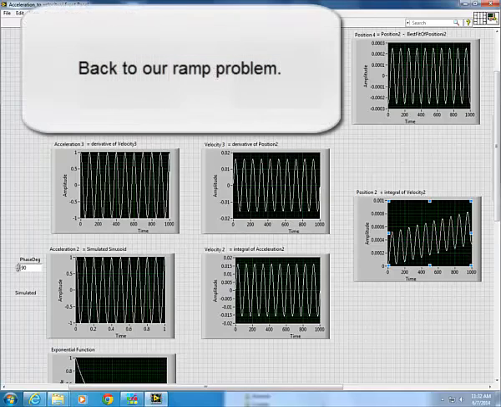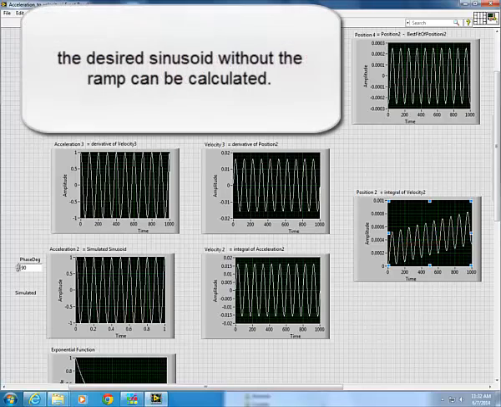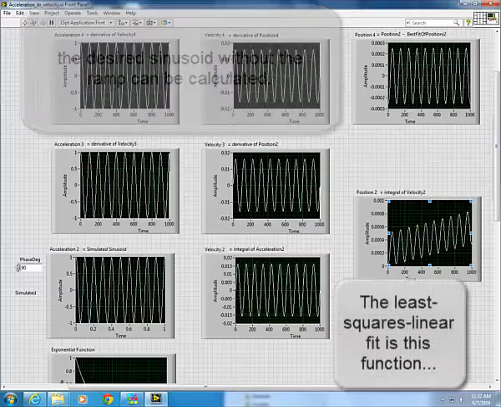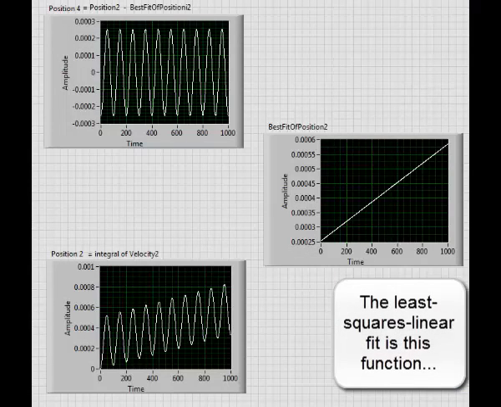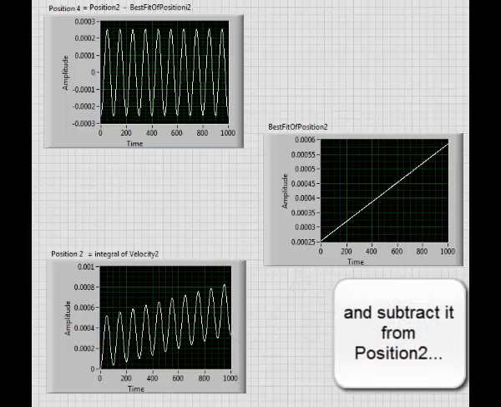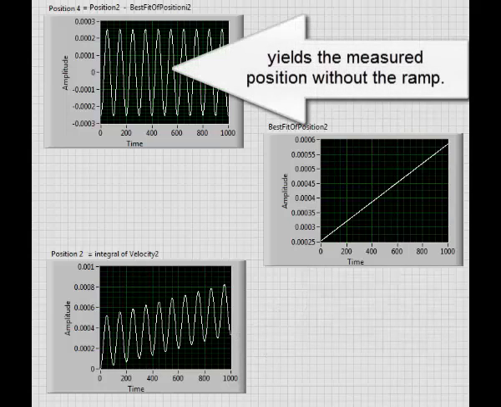Back to our ramp problem. If we determine the ramp and then subtract it, the desired sinusoid without the ramp can be calculated. The least squares linear fit is this function, and subtract it from position 2 yields the measured position without the ramp.